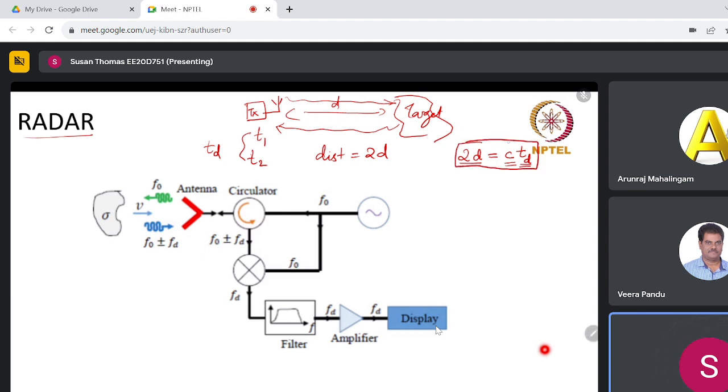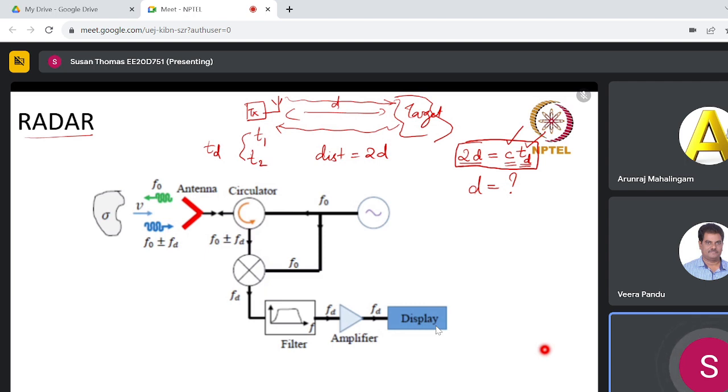You already know c, the velocity of the electromagnetic wave, and if you know the time delay between sending the signal and receiving the backscattered signal, then you will be able to estimate the distance to the target. So this is one of the very fundamental purposes of a radar.